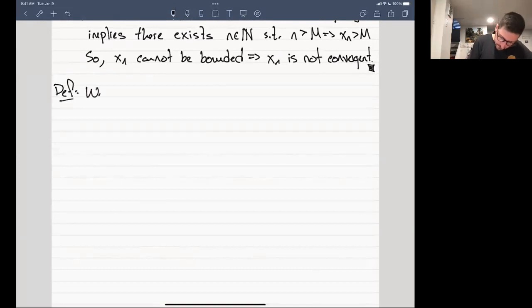So we write x_n is going to infinity. So it looks like it's converging, although please keep in mind, infinity is not a number.